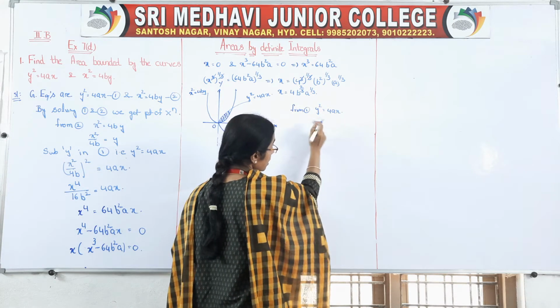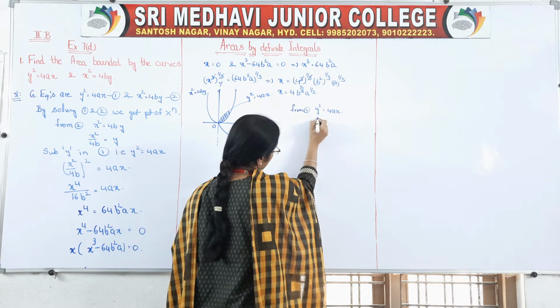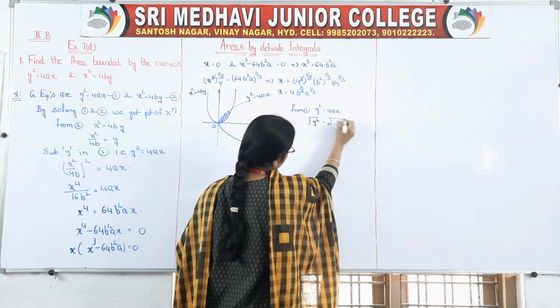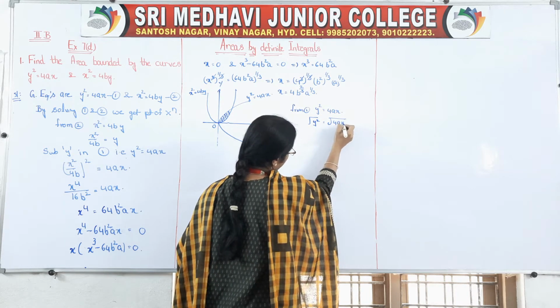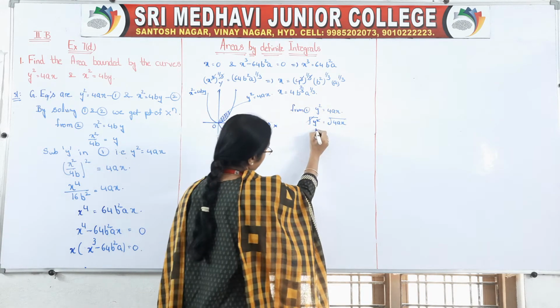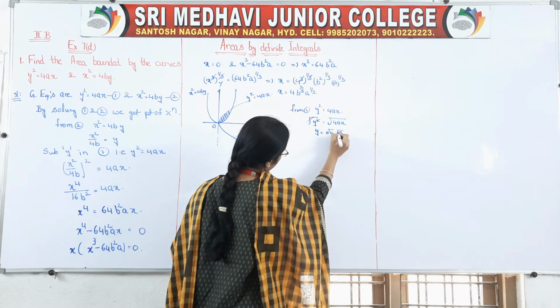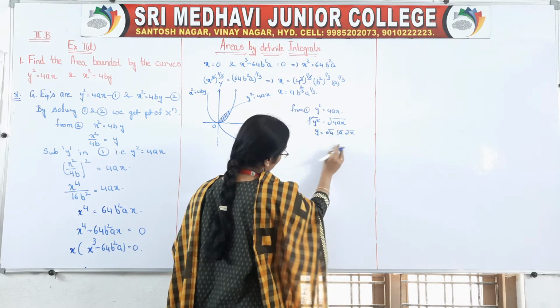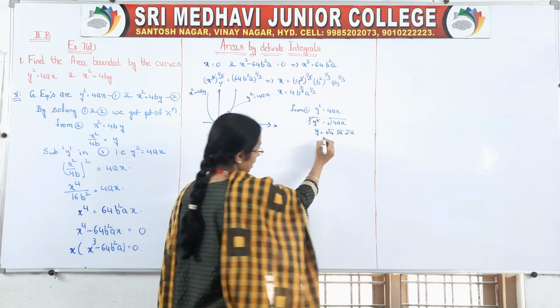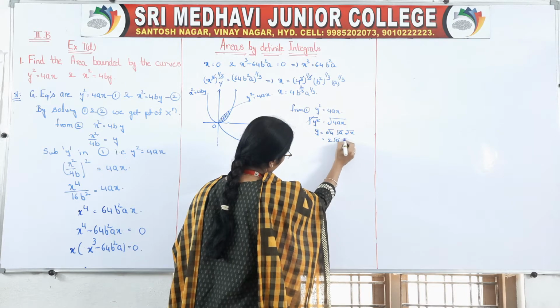Taking square root on both sides. Okay, so then what happens? y square, square root and square root of 4ax. Okay, so square root will get cancel. y is equal to root 4 root a and root x. Root 4 is 2, right? So it is 2 into root a into root x.